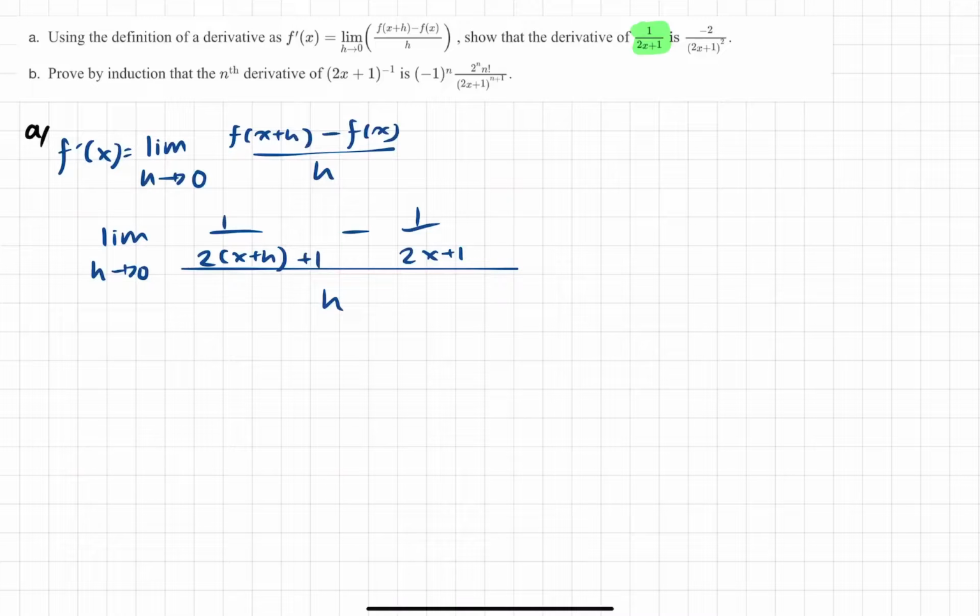Now, one thing we can do is cross multiply our numerator.